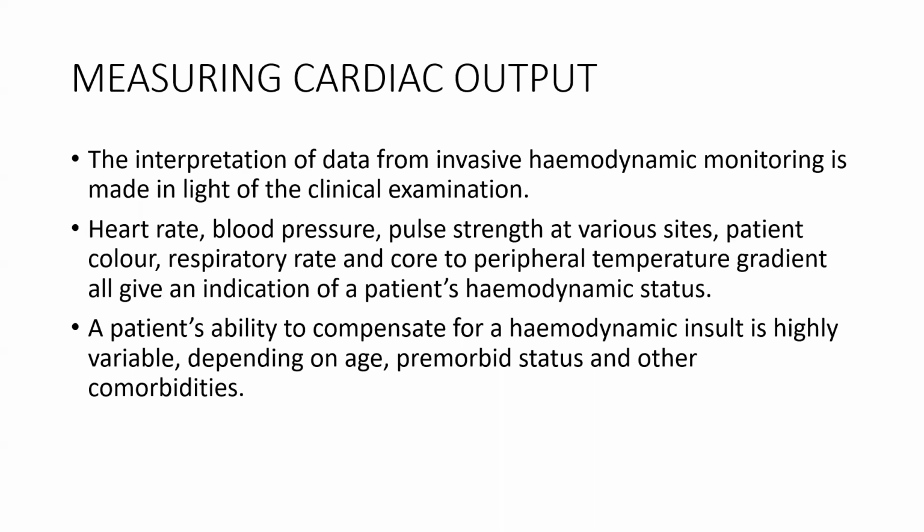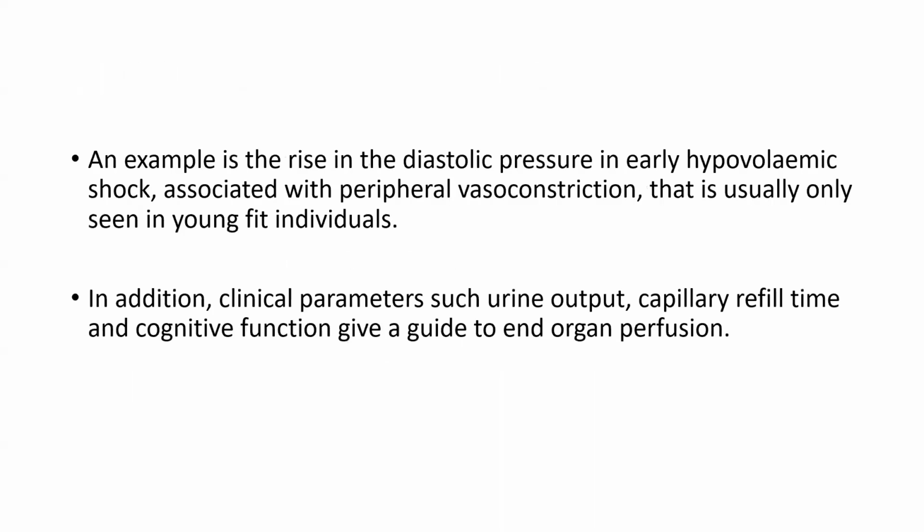A patient's ability to compensate for a hemodynamic insult is highly variable depending on age, premorbid status, and other comorbidities. An example is the rise in diastolic pressure in early hypovolemic shock associated with peripheral vasoconstriction, which is usually only seen in young fit individuals.